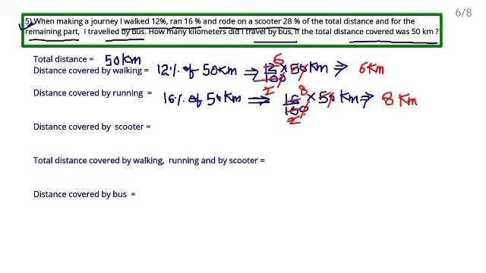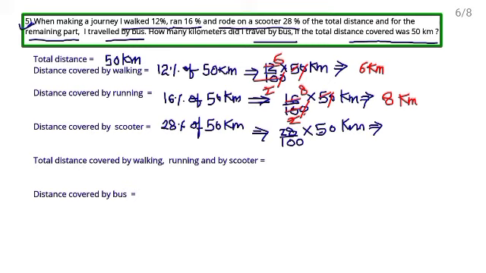Now by scooter he has covered 28% of 50 kilometers. So let's calculate it. 28% means 28 upon 100 of means multiply 50 kilometers. 50 2s are 100. 2 1s are 2. 2 4s are 8. So by scooter he has covered 14 kilometers.